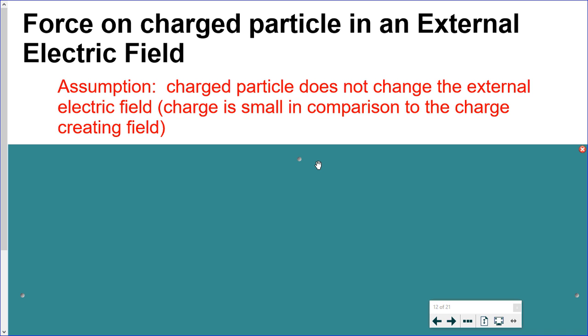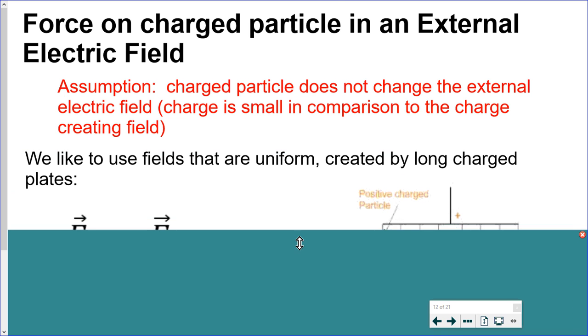So kind of in your mind's eye, think about an electric field that is set up by a big charge or a line of charges or something that's got a lot of charge in it. And then we plop a little charged particle, kind of like a test charge, in it. And it's going to experience a force. But we need that charge to be fairly small in comparison to the charge that is setting up the field.